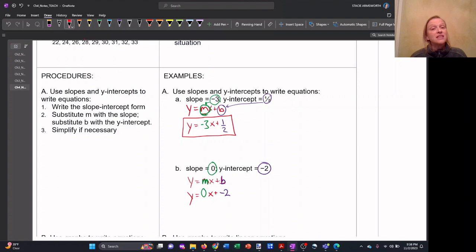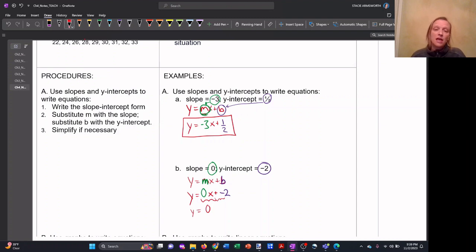Now, this version does need to be simplified. I've got a few things here that can be made more simple. For instance, 0 times x, any number times 0, is just 0. Also, I have consecutive signs here, a positive and a negative. That's excessive, that's unnecessary. You can simplify.